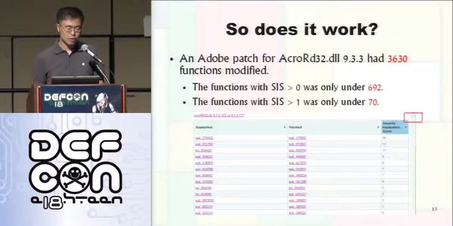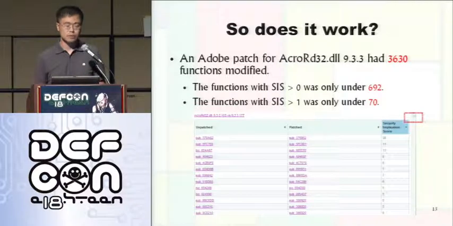I have an example here, AcroRd32.dll from Adobe. They released 9.3.3 a few months ago, and I diffed 9.3.3 with 9.3.2, and it created 3,630 entries of modified functions.